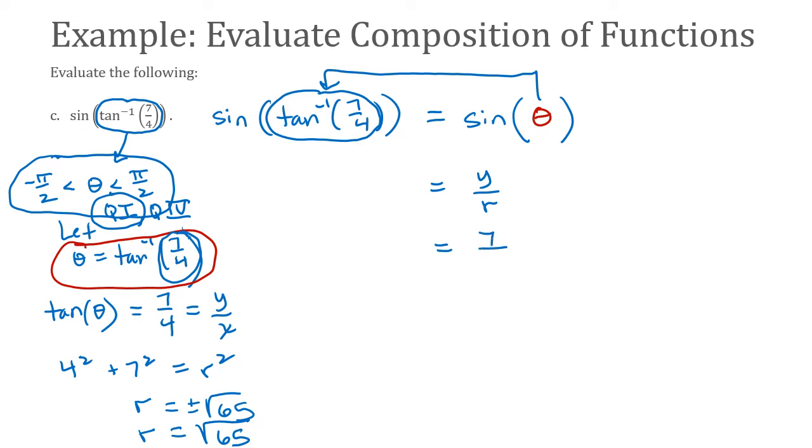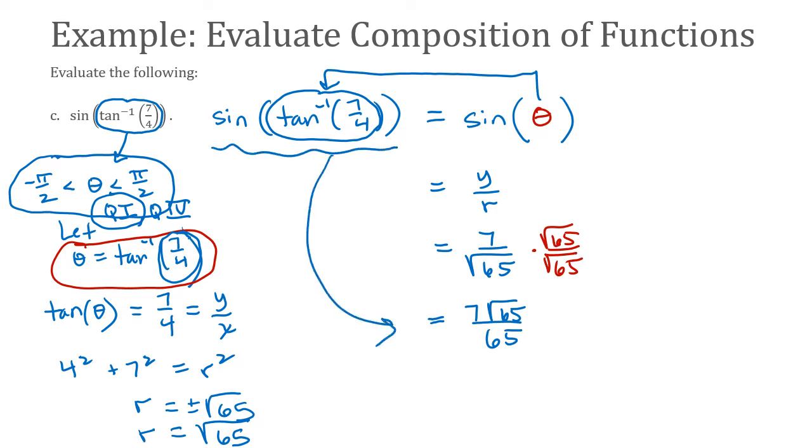So this is going to be 7 over the square root of 65. And of course, if possible, you should always rationalize your denominator. So I'll multiply numerator and denominator by the square root of 65 to get a final answer of 7 times the square root of 65 over 65. And that is what the original problem is equal to.